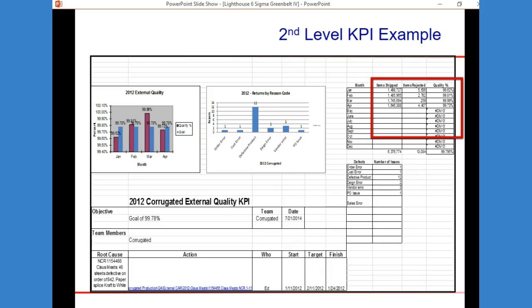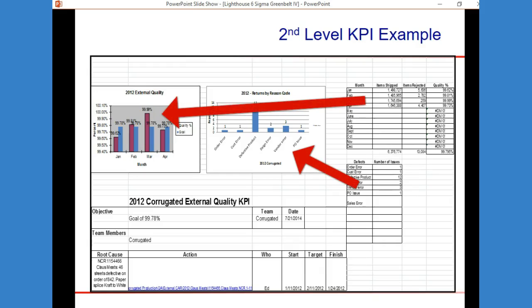And then over here, I'm saying of those rejects that I got returned, what were they? So we have defective product, we have design error, vendor error. So I'm categorizing what those are. And I've got 2 bar charts showing a cum of what's been going on with my quality return.